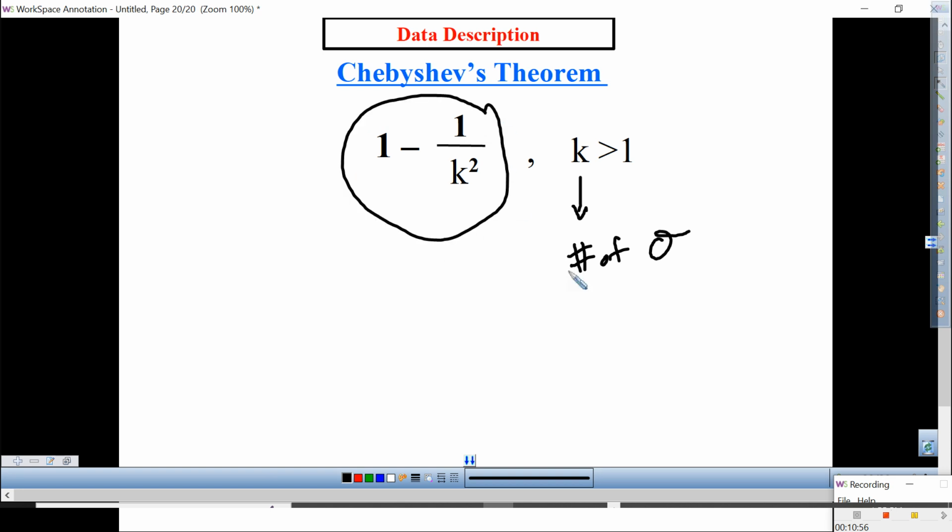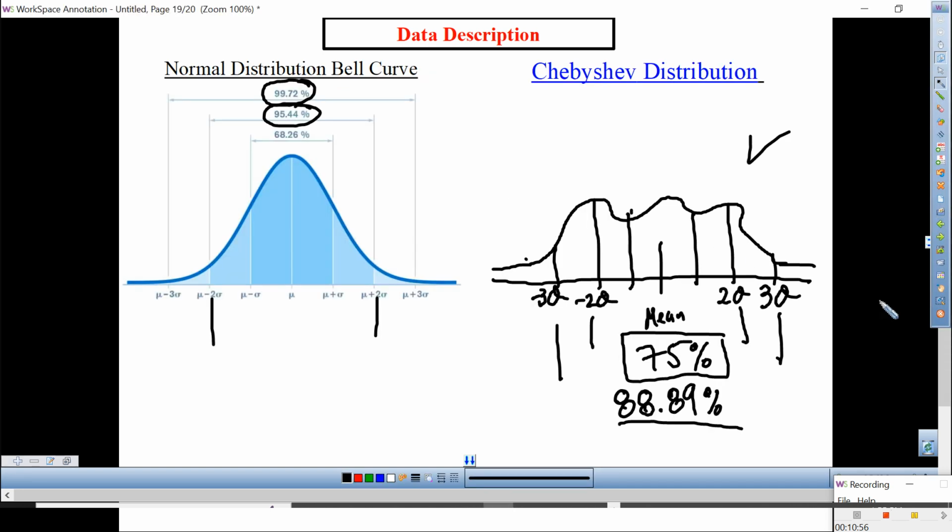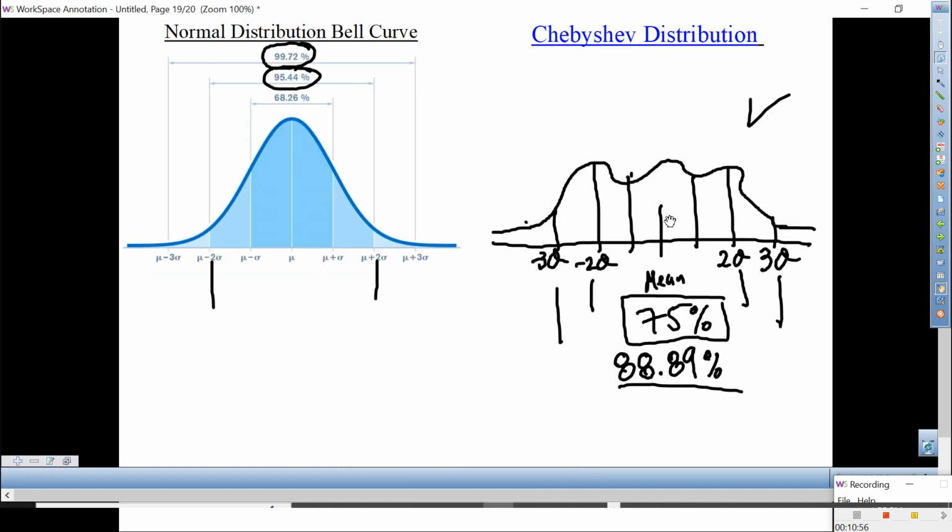So check this out. Let's use this. I'm going to go back to the previous screen so you guys can see how he got those percentages. So 1 minus 1 over k squared. Here's my graph. Does the shape matter according to him? No. So he says, if I use the formula 1 minus 1 over k squared, k being the number of standard deviations, in this case, this is the number 2.